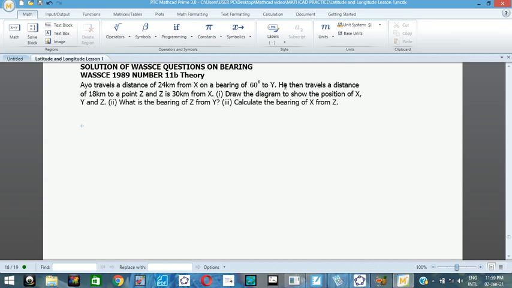We go back. Now say it then travels a distance of 18 kilometers to a point Z. See, they didn't give us the bearing of this turning. The bearing from Y to Z they didn't give us, but all we know is that from Y he travels to Z at a particular bearing. We don't know that. So let's just assume any line for that.